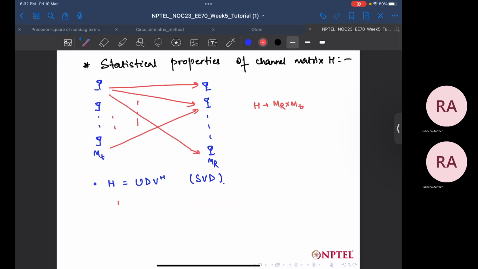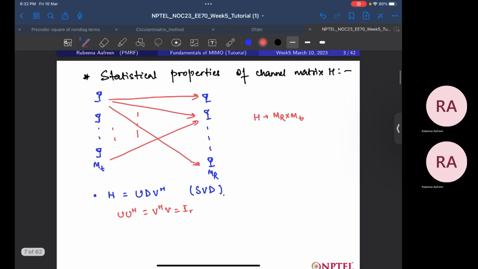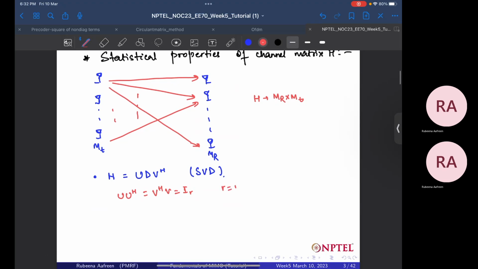So U times U Hermitian is equal to V Hermitian times V, which is equal to I_R, where R is the rank of H, and D is diagonal of sigma 1, sigma 2 up till sigma R, where each sigma is greater than or equal to 0 and it is arranged in decreasing order, like each sigma i is greater than or equal to sigma i plus 1.